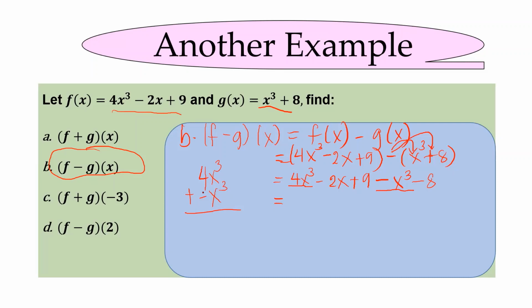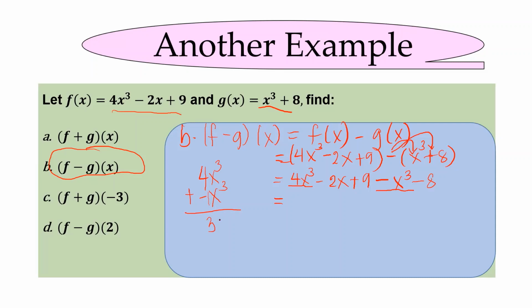So, ibig sabihin, kapag mag-a-add tayo ng same variable with different sign, you have to minus. So, 4 minus 1, kasi automatically may 1 yan dyan. 4 minus 1, that give you positive 3. Bakit positive 3? Kasi mas malaki si 4 and then the sign of 4 is positive.